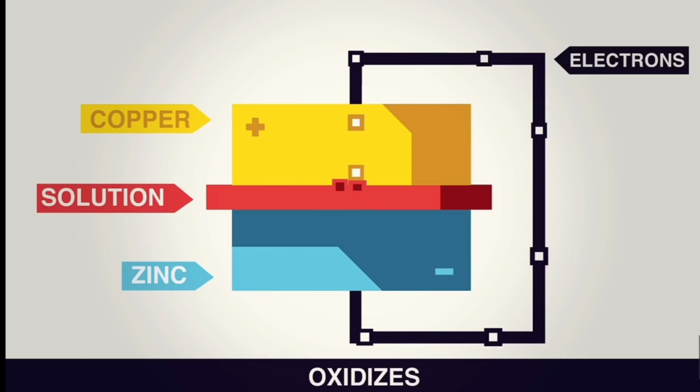When our electrons reach the copper side, they combine with Cu2+ ions, which are dissolved in the ionic solution, and form copper.